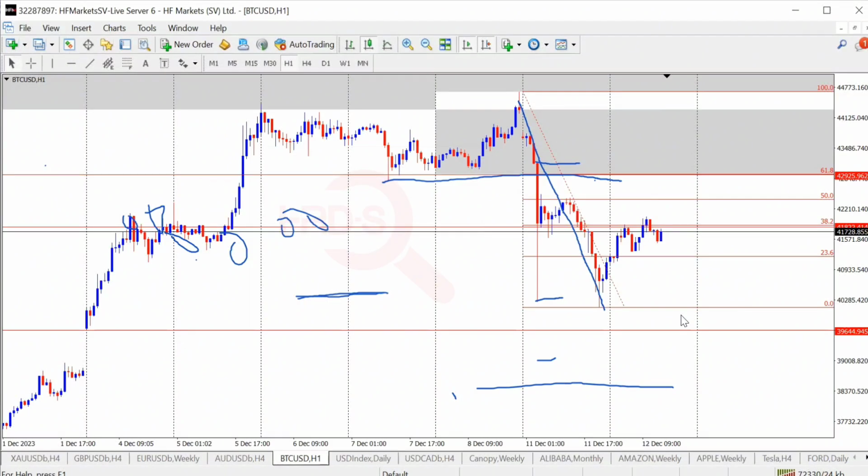All right, I think we have done justice to the first formula, MAEE, that is find your market structure, identify the areas of value, find your entry, and find your exit. If you entered by seeing a change of character, exit by also seeing a change of character in the opposite direction.